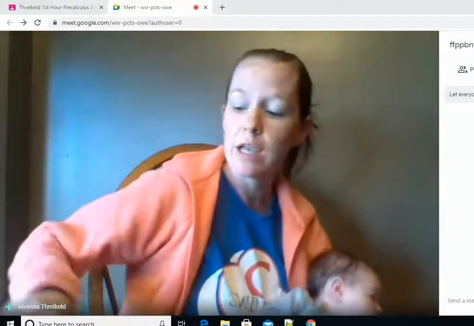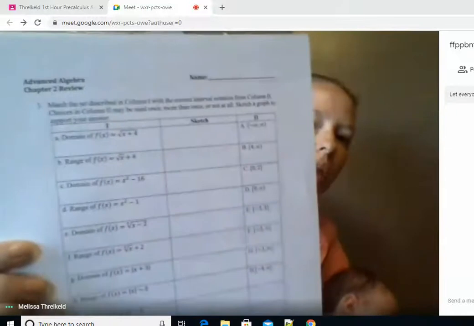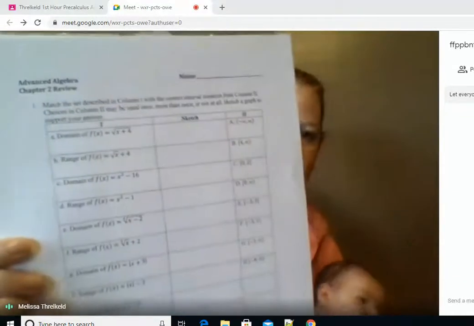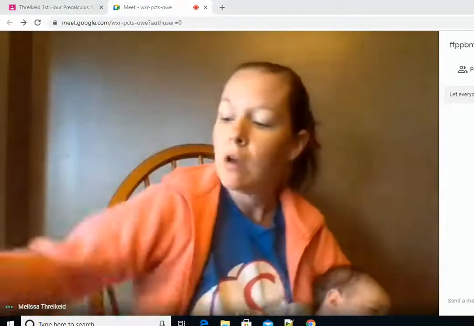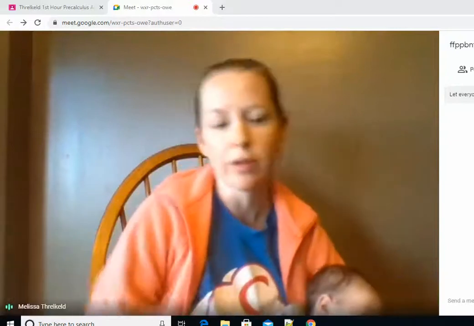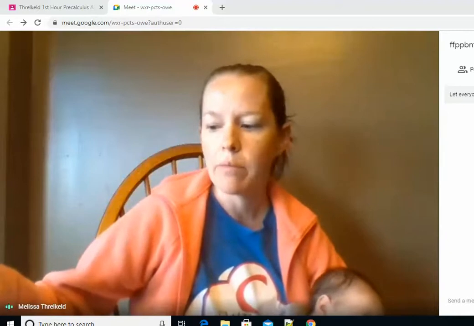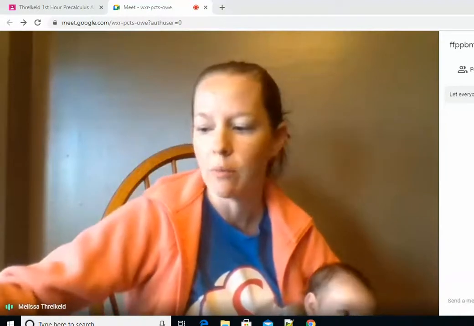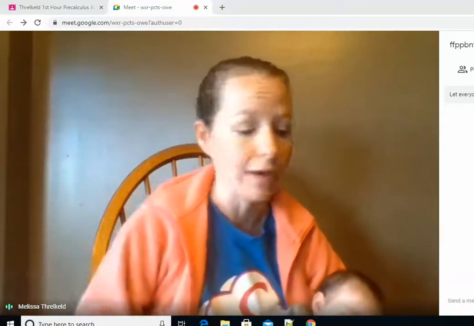The first thing on your review, we had this table, and I was asking you all kinds of questions about the domains and ranges. On this, it asks you to do a sketch to support your answer. If I were to put these questions on your test, you would get a point for your sketch and then a point for correctly telling me the domain or range.